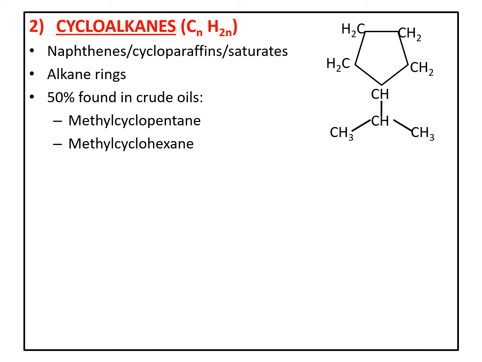It is an alkane ring formed by joining the carbon atoms in a ring, and it is the most common molecular structure in petroleum, found at almost 50% in the crude oil itself. These are two examples of the cycloalkanes, that is methylcyclopentane and methylcyclohexane.